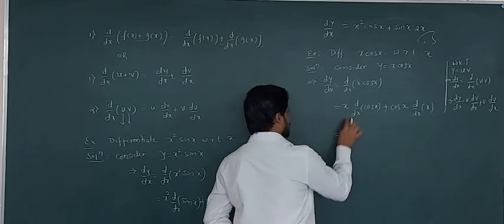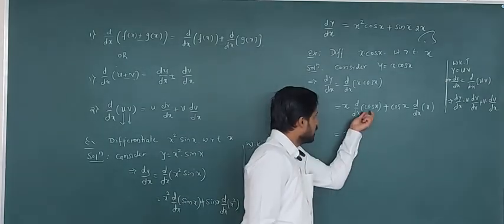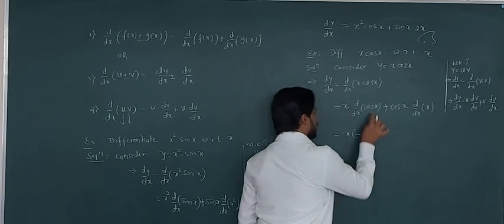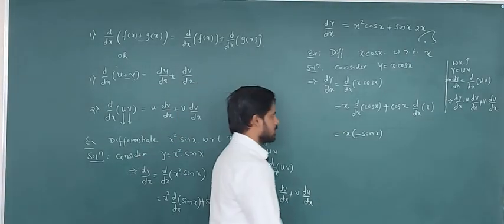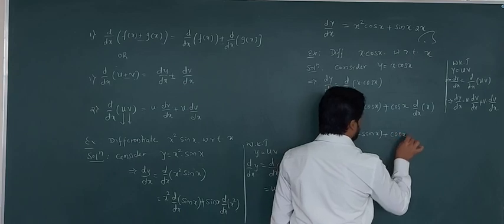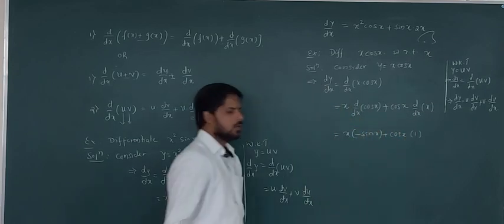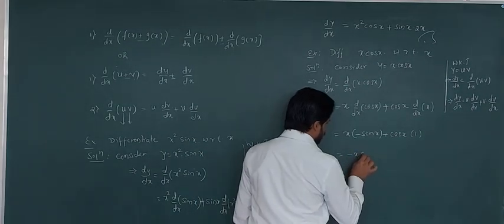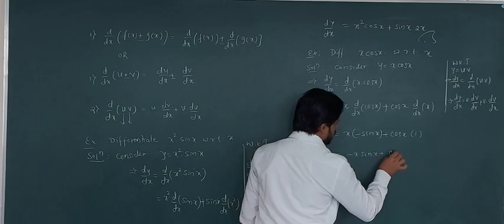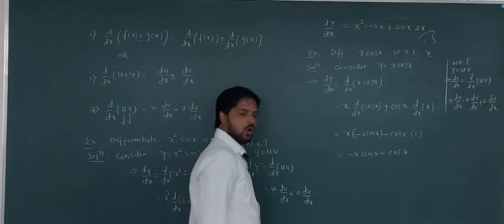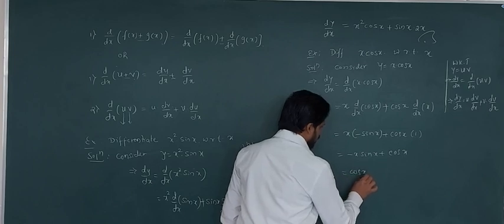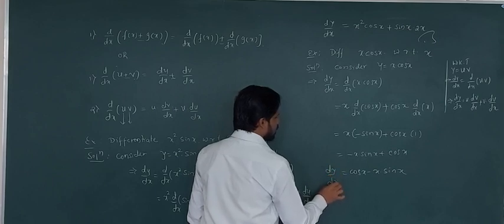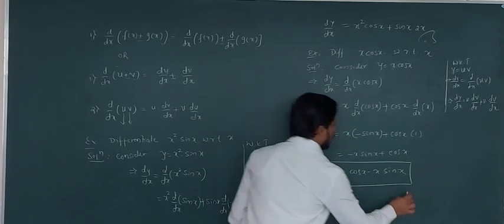So x as it is, the differentiation of cos x is minus sin x, plus cos x constant, and the differentiation of x is 1. This implies minus x into sin x plus cos x into 1, which is cos x. This can also be written as cos x minus x into sin x. This is our required solution. Note it down.